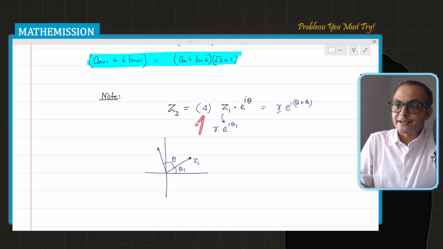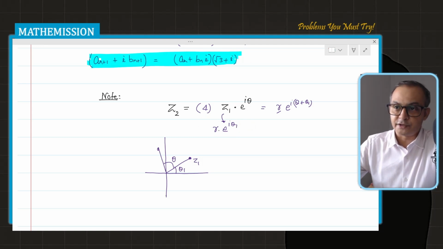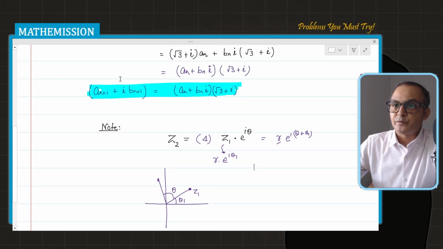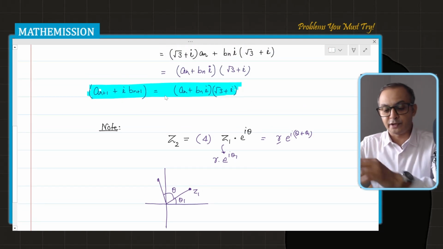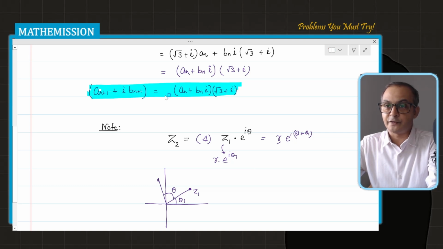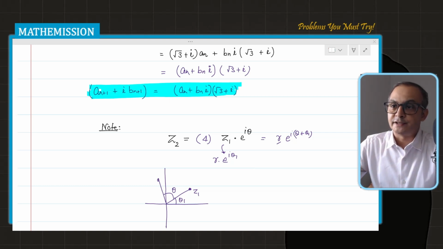So this is the scaling factor and this is the rotating factor for this complex number or complex vector. So in the same way, can we understand this whole scenario here? Let me just take a copy of it and let us try to understand.